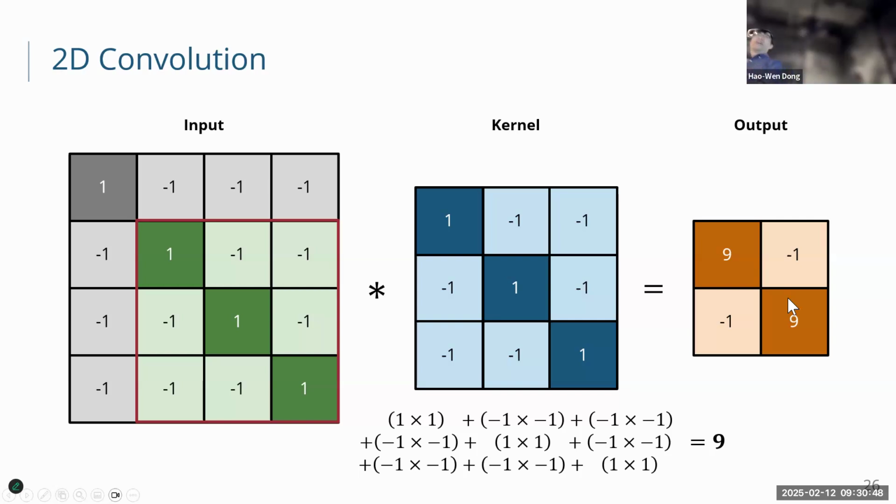So what do these numbers mean? Basically, now you apply a filter based on the kernel that you have onto the input that you have. So a 9 basically means that you see this pattern at the top left part, and you see that pattern at the bottom right part.